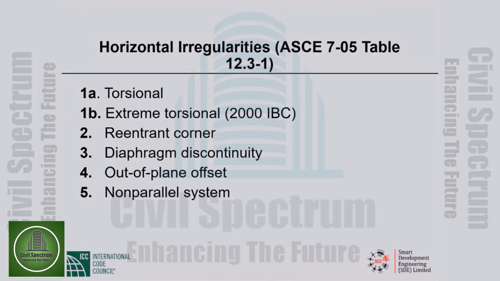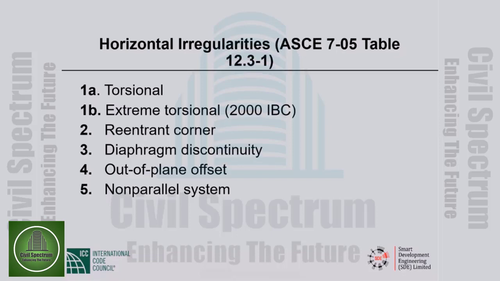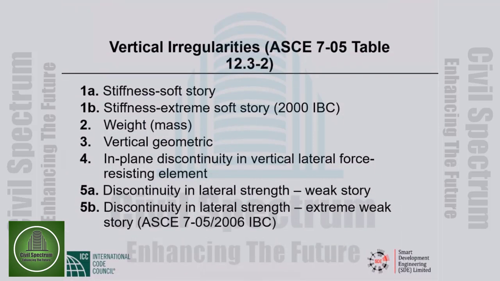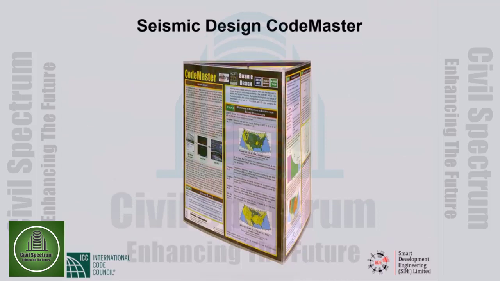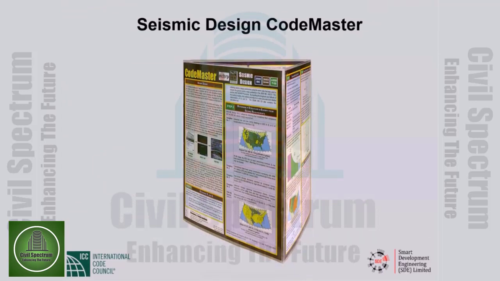You have already seen this horizontal irregularities, ASCE 7-05, vertical irregularities. I hesitated, but then I kept this in. We create at our company SKJ these so-called code masters. These are laminated 4 or 6 page affairs where we give you how to do something like seismic design step by step.